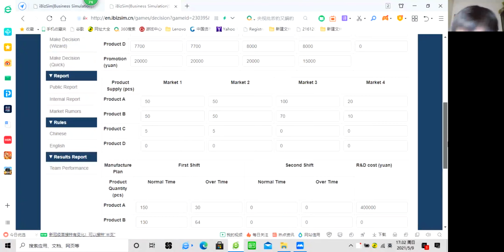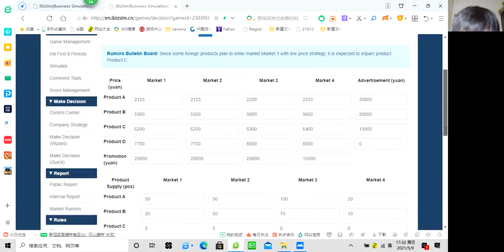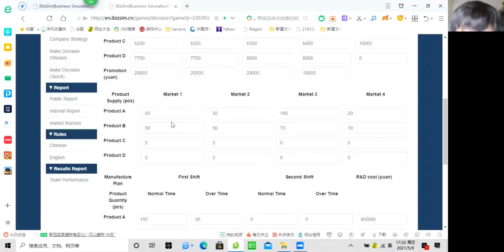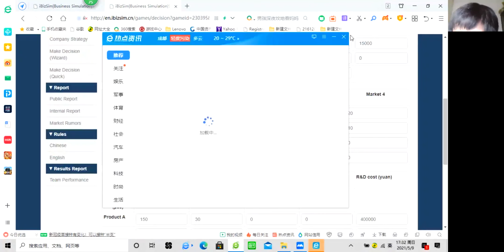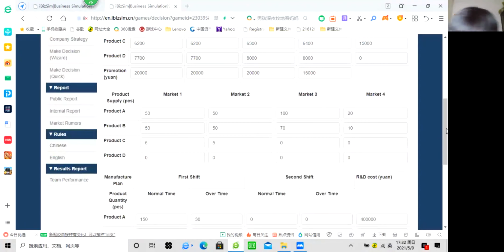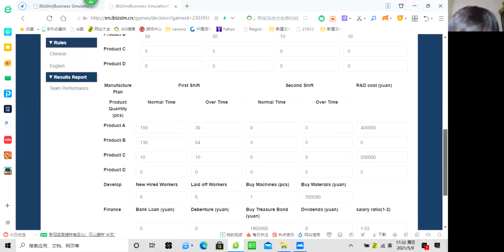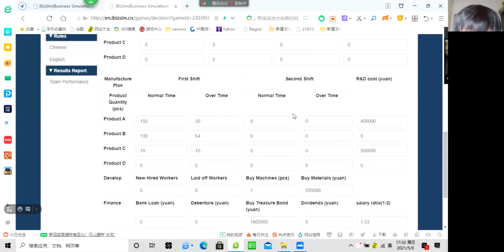Now after our products are produced, they should be transported to the different areas. I just said this in our decision sheet. This is for operation management.